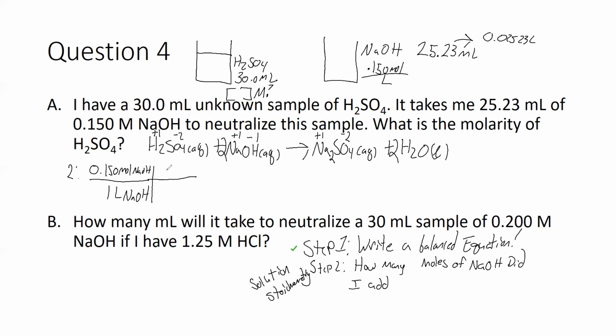So I take this, multiply it by 0.02523, and get out my handy calculator, aka my phone. There it is, 0.15 times 0.02523. And the number of moles of NaOH I added was 0.00378.